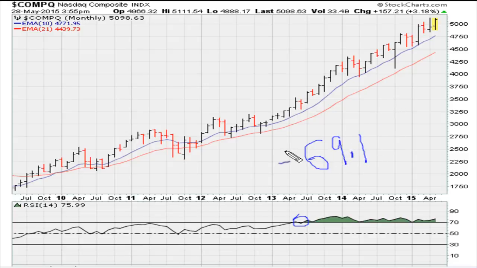Now, generally speaking, whenever an instrument is trading above this value, you are not supposed to short the instrument. Yes, we see that there are periods where there was a couple of weeks of drop, like here or even here as an example. And we're not going to go into the details as to whether this was a good time to short.